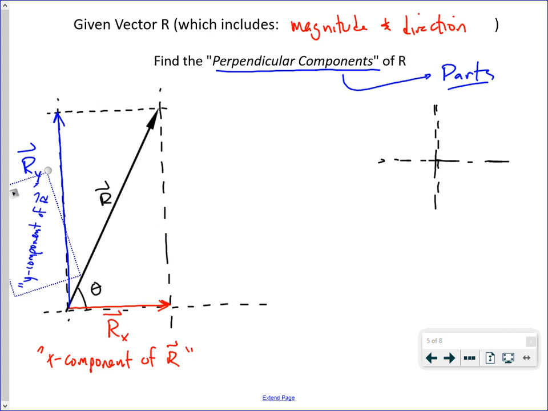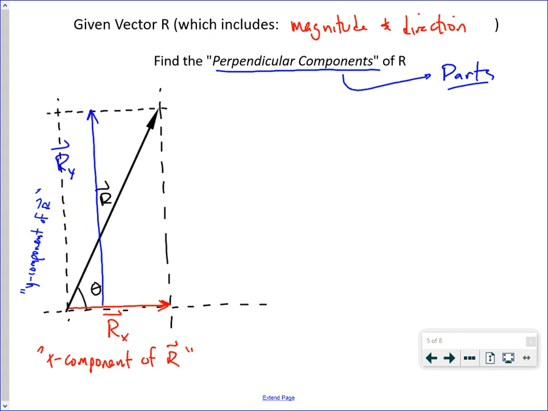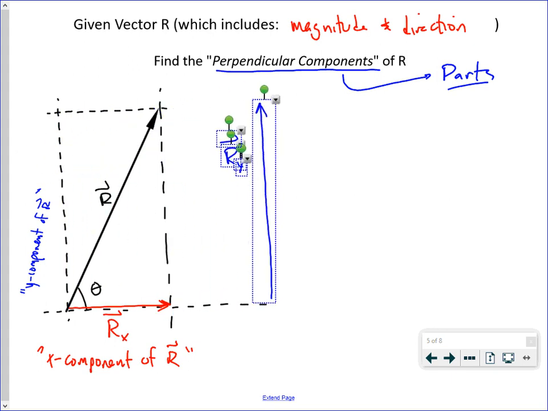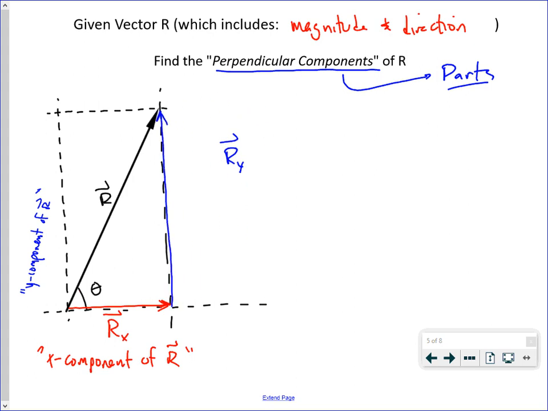Yeah? It's okay? Now, as maybe some of you were saying, wouldn't you draw it over? I'm surprised that you didn't draw this vector over here. But it's the same vector. It doesn't matter where you draw it.